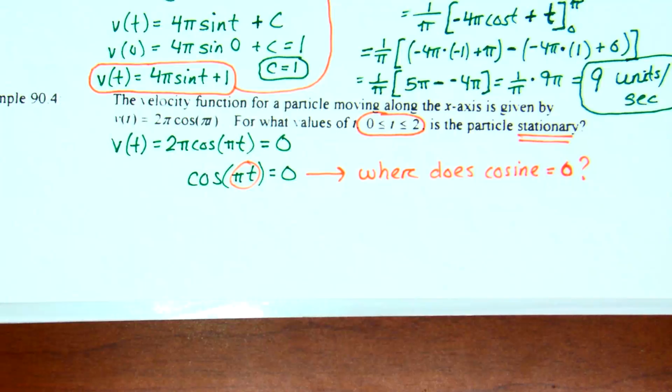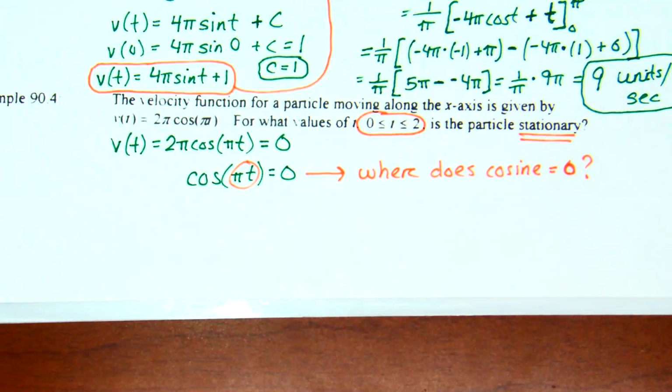If it's just cosine of x or theta, when does cosine equal 0? Pi over 2, and 3 pi over 2, but with our interval it knocks out the 3 pi over 2. Hold that thought.